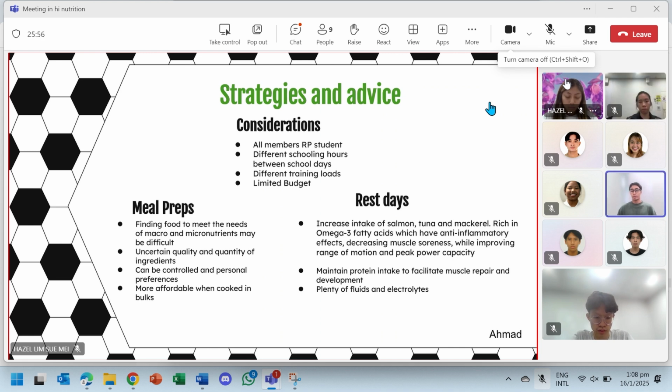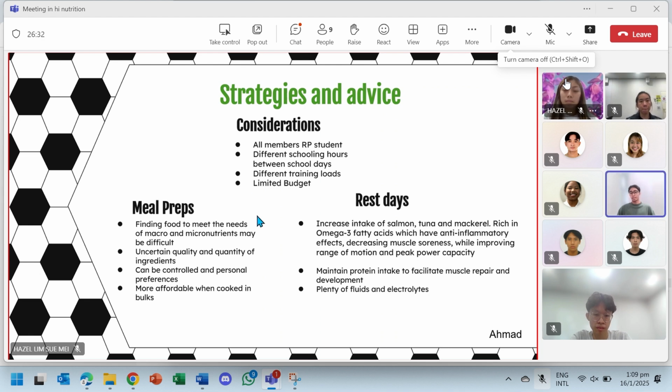Meal preps can be controlled as they can measure how much of each macronutrient they consume. They could also make it to their personal preferences of what they would like to eat. It's also more affordable when cooking in bulk, because as students, budget is limited. So cooking for lunch, breakfast, and maybe dinner could be more affordable.